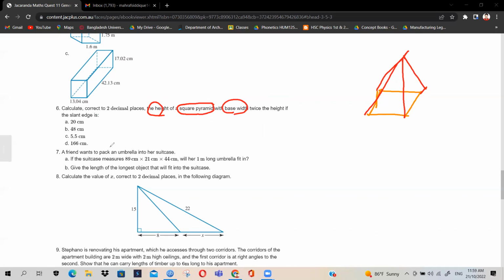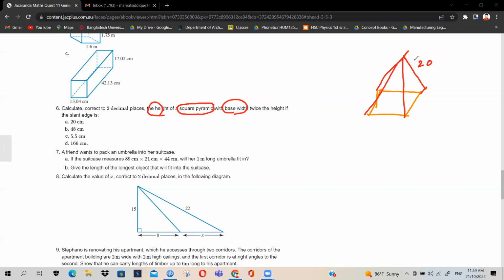Height twice the height of the slant edge is okay. Okay, I now understand. So the slant edge is given, say for instance 20 meters or something in different places. And the height of a square pyramid you have to calculate.